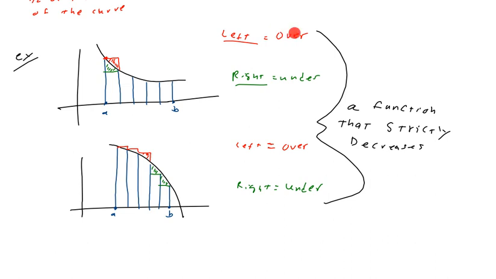Any function that is strictly decreasing. It's decreasing here, it's decreasing here. It's only getting smaller, only getting smaller. So when your function is decreasing, your left side is going to be over, your right side is going to be under.